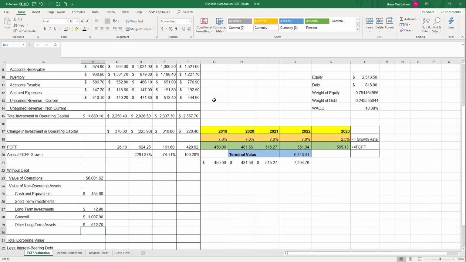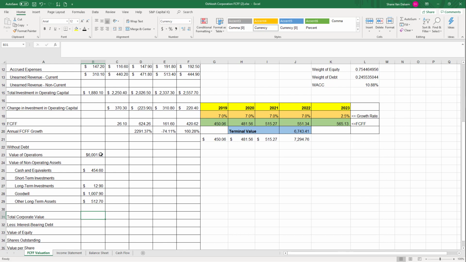Okay. So we get our total corporate value, which is the value of the firm's operations. So that's $6 billion plus the sum of all of the non-operating assets for 7,989.72.